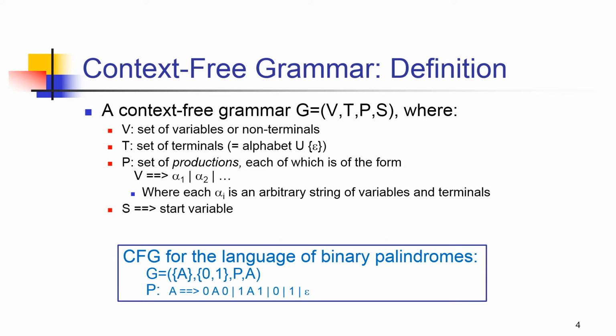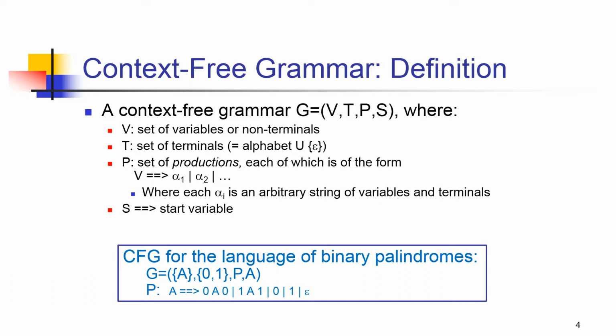Now let's take one example of context-free grammar, that is binary palindrome. Means if I have a combination of 0 1, and if I write 0 1 0 or 0 1 1 0, means if I start from left to right or right to left, it will be equal from the midpoint.